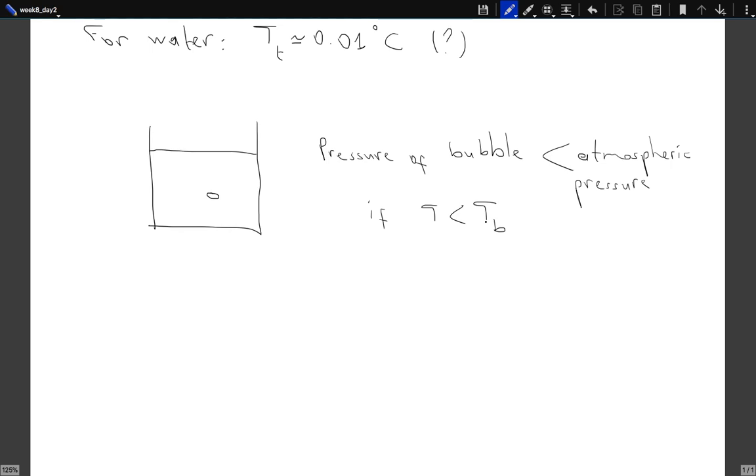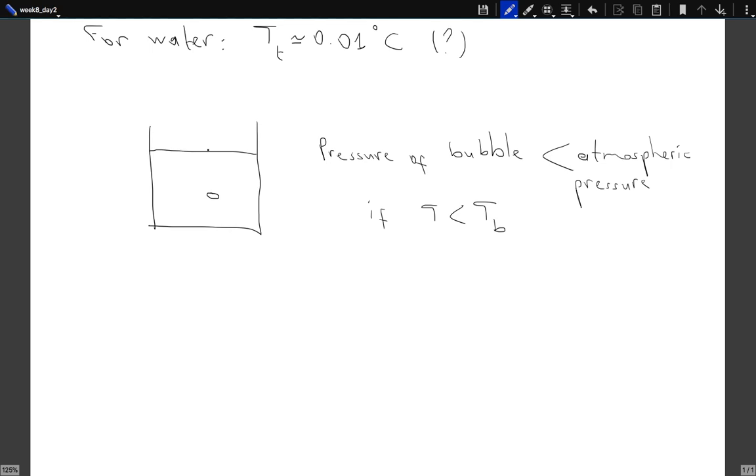But that means there is not enough force inside the bubble to keep the bubble from collapsing. So basically the bubble will collapse. So even if the bubble starts appearing, it will just condense immediately. So the only evaporation would happen through the surface. Because in the surface there won't be bubble formation. The water just evaporates and the gas just leaves away.